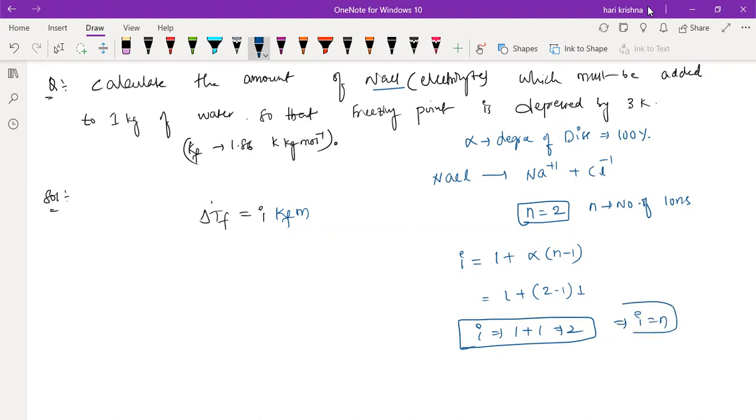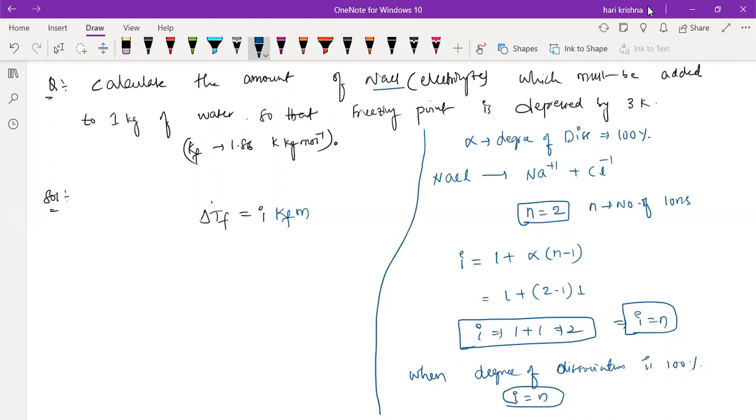How many of you understand this one? When the degree of dissociation is 100%, the i value is equal to the n value. Is it clear? This is not at all related to the problem, but I'm explaining this one.